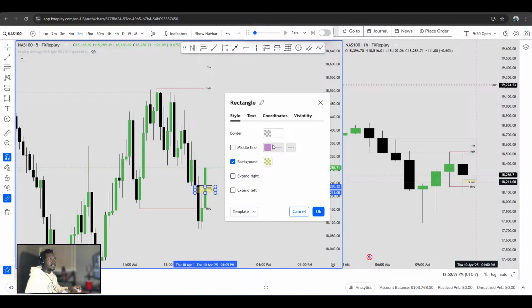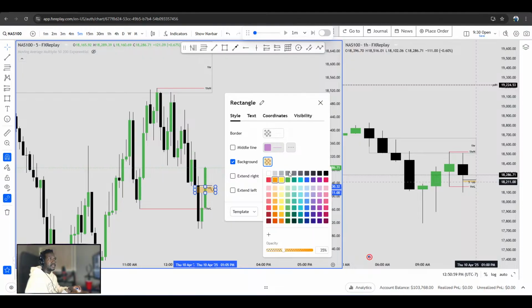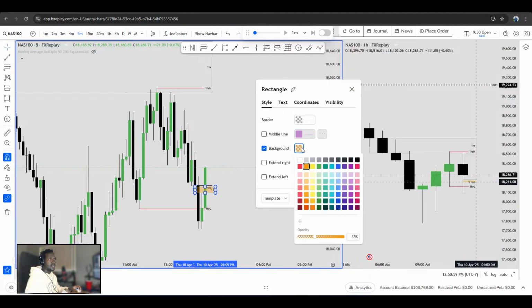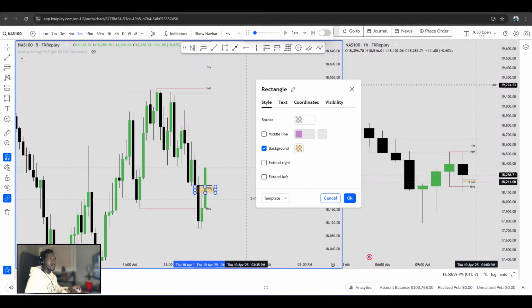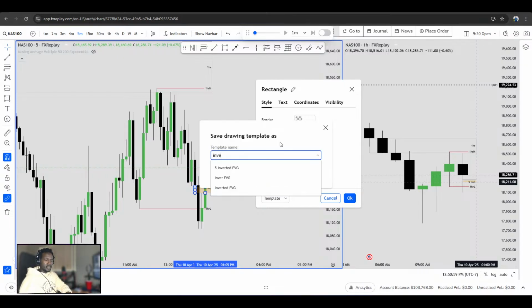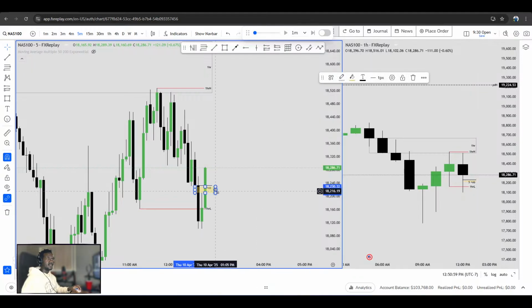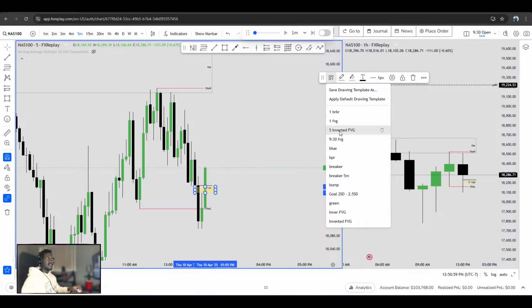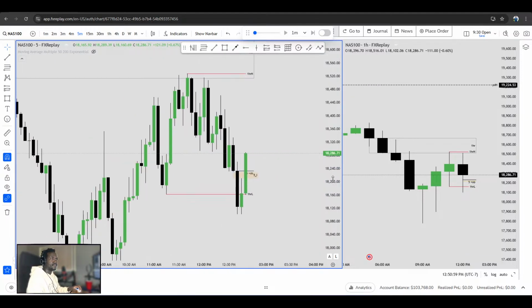I need that to be the color, this one here, and that's a little bit too dark for my liking, and I think we're good. And I'm gonna name that inverted. Actually, we do have it right here. Hold up. 5-minute inverted 5. Okay, there we go.